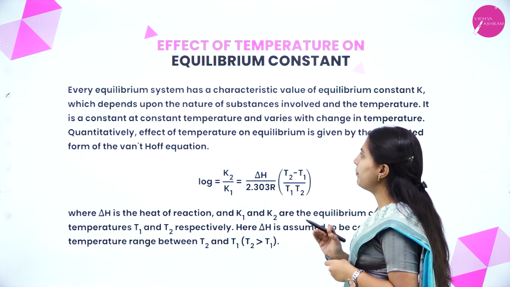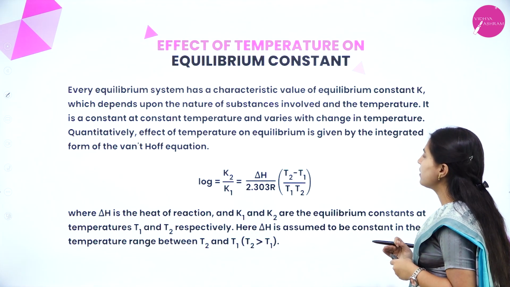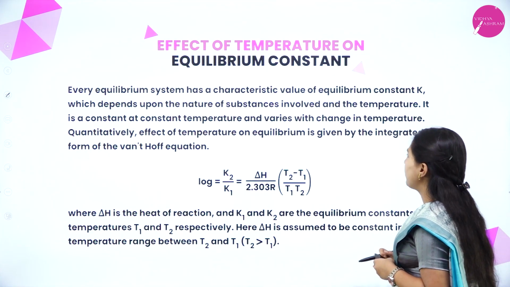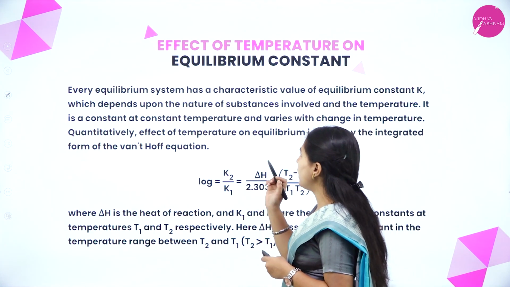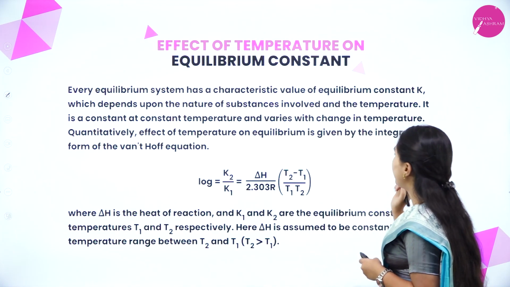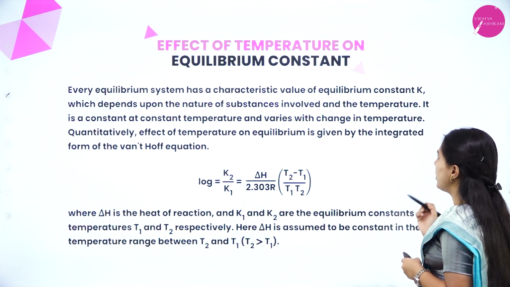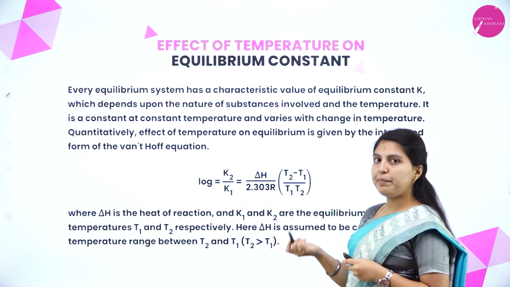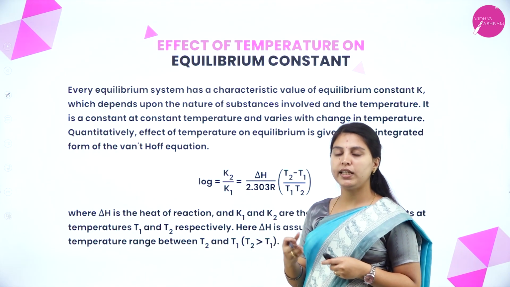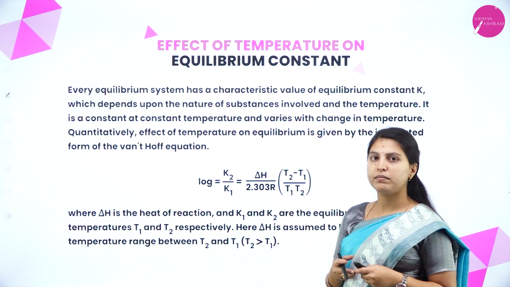Every equilibrium system has a characteristic value of equilibrium constant K, which depends upon the nature of the substances involved and temperature. It is a constant at constant temperature and varies with change in temperature. We know that temperature is one of the factors which affect the rate of a reaction.